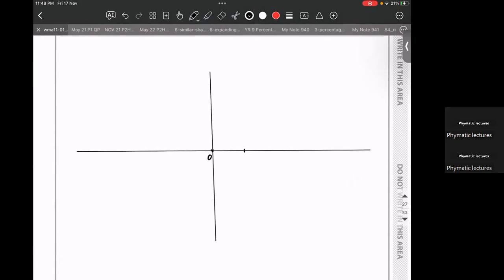Zero, pi by 2, pi, 3 pi by 2, and this is 2 pi. Minus pi by 2, minus pi, minus 3 pi by 2, minus 2 pi. And this is maximum 1, and this is minus 1. I'm just redrawing the same mother function.